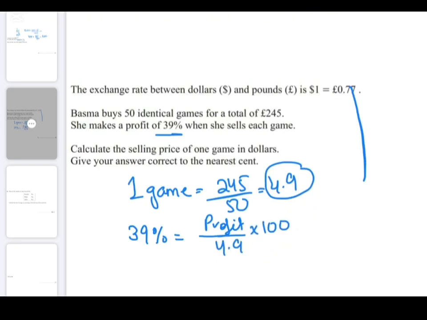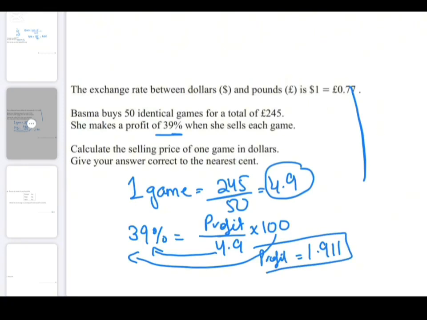That's the formula we use. Now we need to find the profit. So 4.9 goes to the other side and multiplies by 39, and 100 goes to the other side and divides. So 39 multiplied by 4.9 divided by 100 gives us 1.91. This is the profit value.